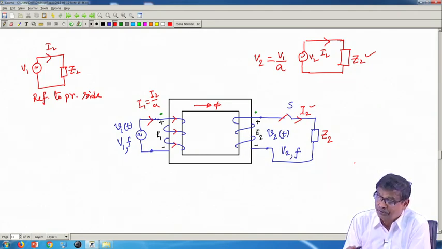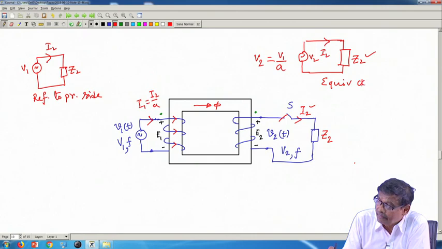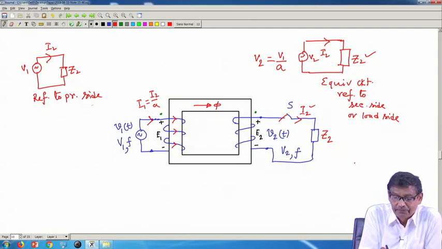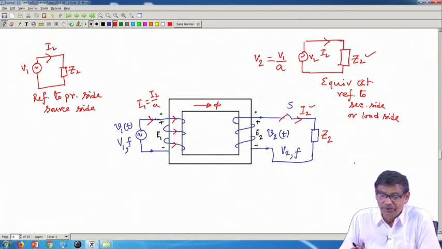Are you getting it? So you can either draw this equivalent circuit referred to the secondary side or load side, and this is the equivalent circuit referred to the primary side or source side. So the rule is very clear.